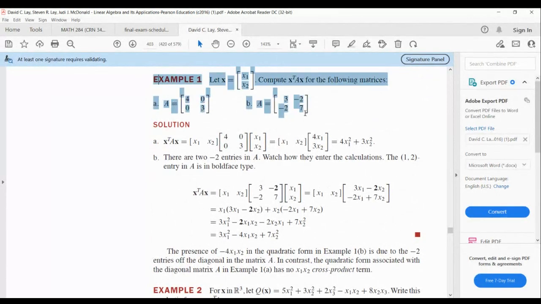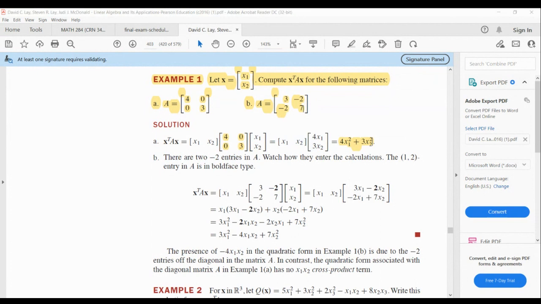Okay, so example 1, they give here two symmetric matrices, A and B, and you see there for part A, they compute x transpose A x, where that matrix just has a 4 and a 3 on the diagonal. It's a diagonal matrix. And when you do the quadratic form, you get 4x1 squared plus 3x2 squared.